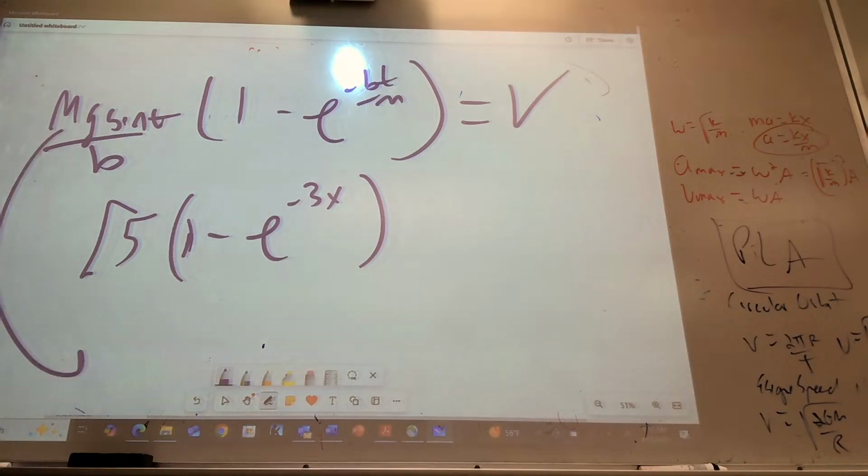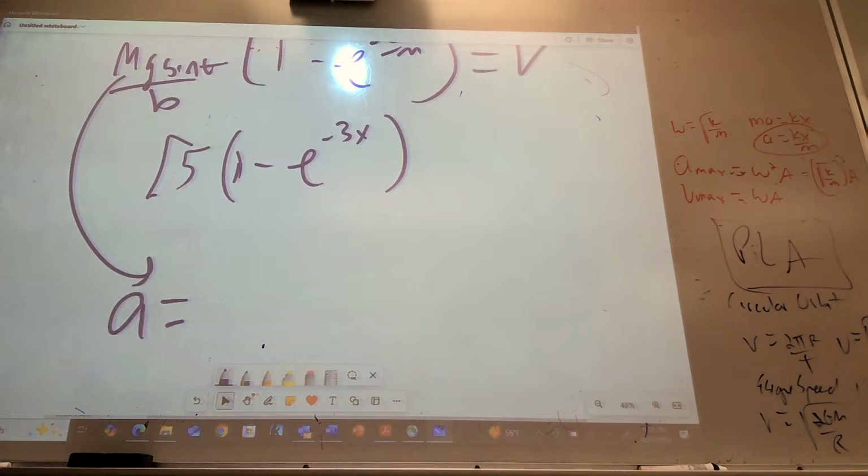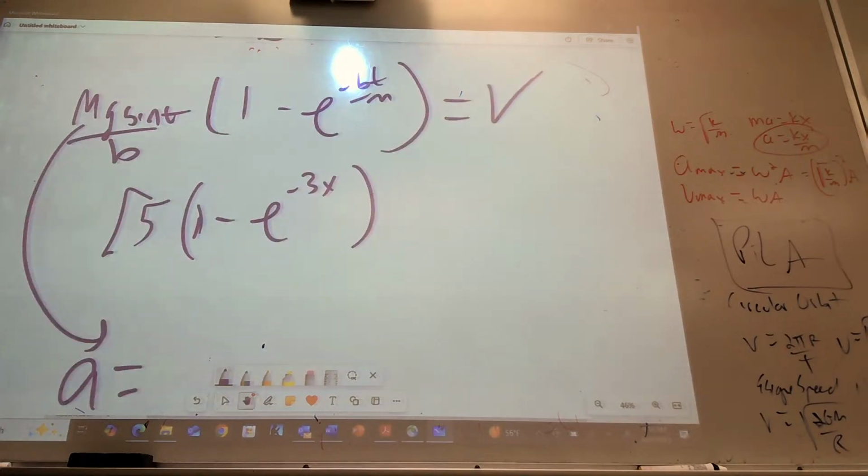So let's say you get the derivative. Okay, so you're going to get the derivative of this to get your acceleration. So that is e to the u. You should know how to take derivative of e to the u.